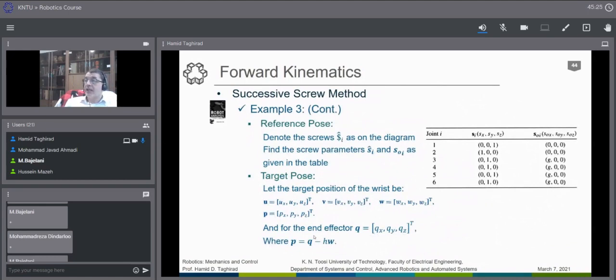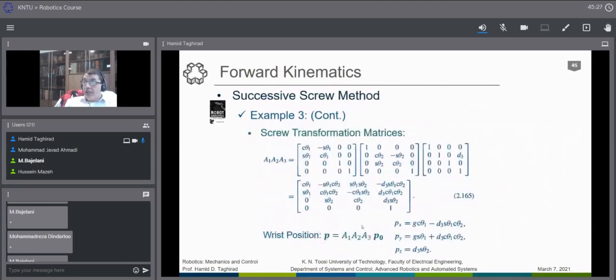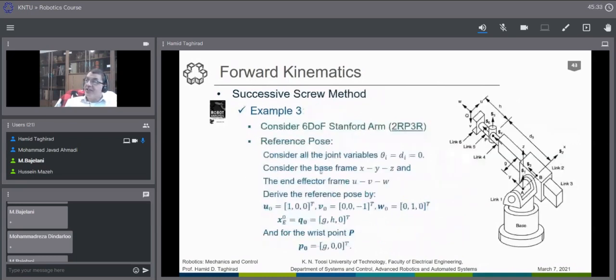Again, if we go with the P position, we need only the first three consecutive points. As you see, P has been targeted, or motion mapped, along S3, S2, and S1. By these three consecutive screws, we reach point P, and from point P to point Q, we have three orientations of the wrist manipulator here.